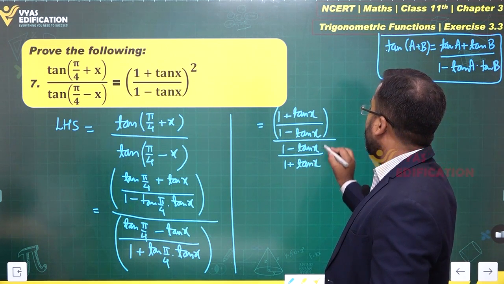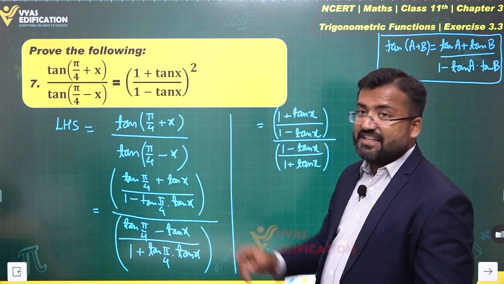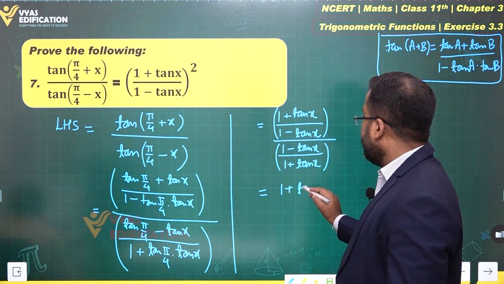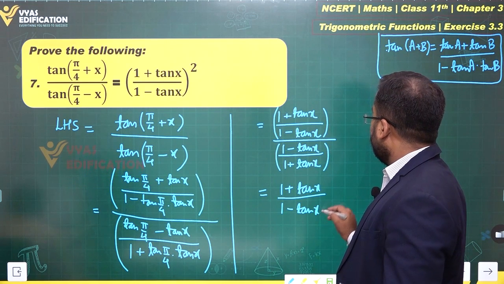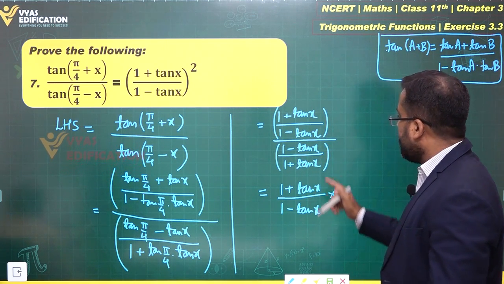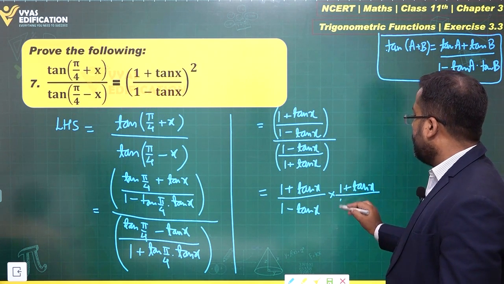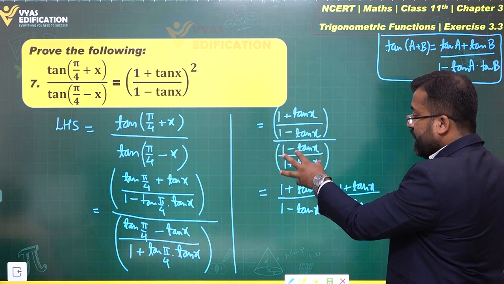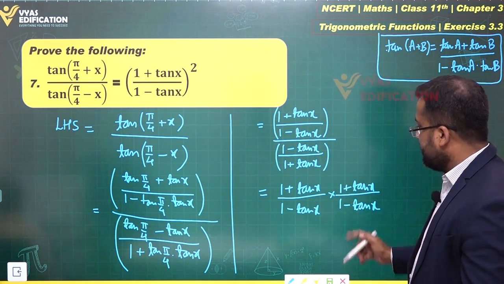Now we can reach this stage by simply writing the numerator, 1 plus tan x over 1 minus tan x, divided by this whole thing, which actually implies multiplying with the reciprocal. This divided by this would imply this multiplied by the reciprocal of this, right? That's what you have done.